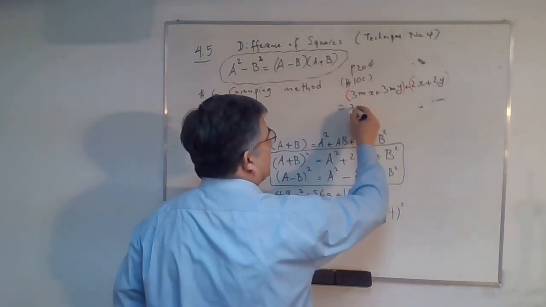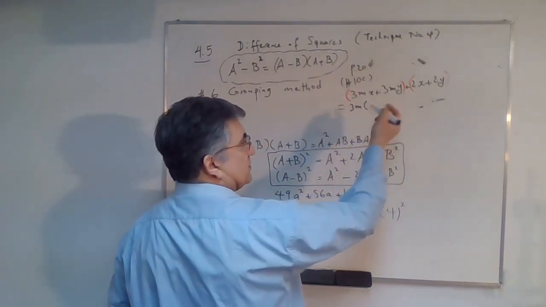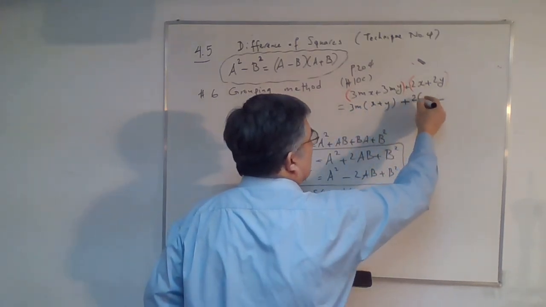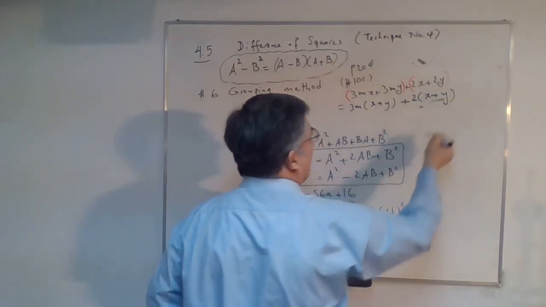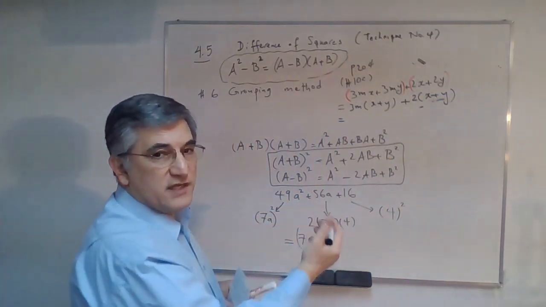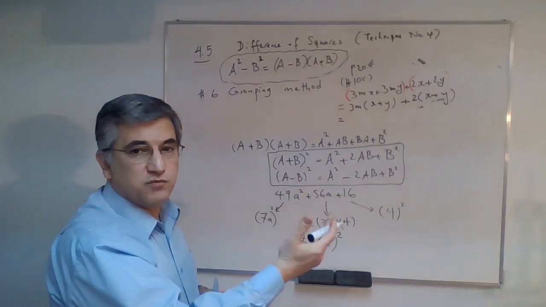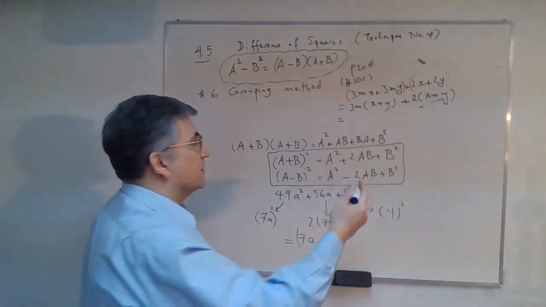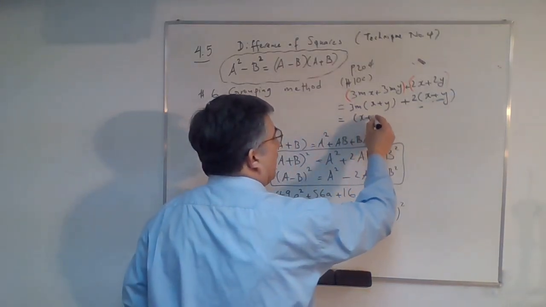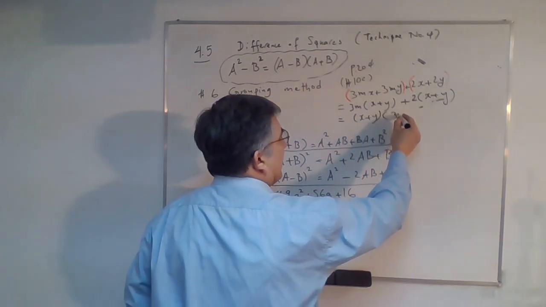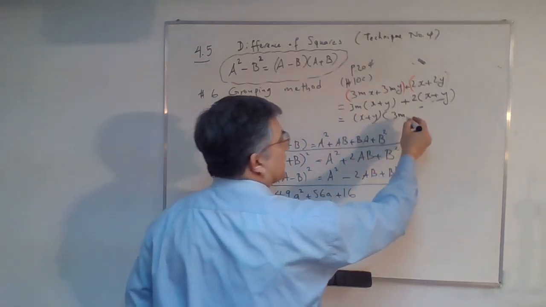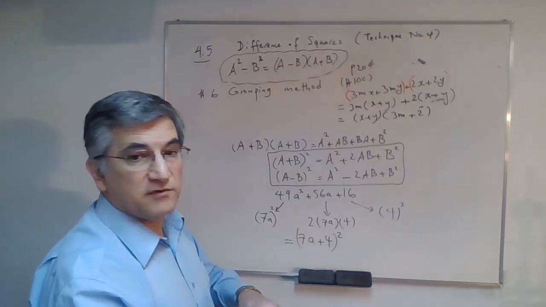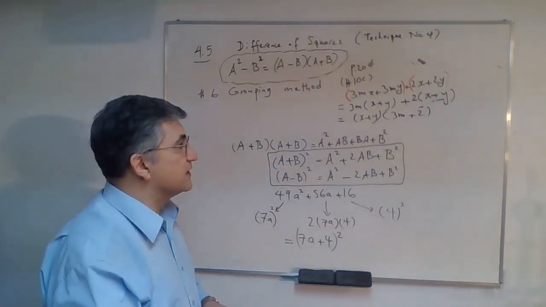So I end up with 3m, I factor it out, that's the GCF, x plus y, and then here 2 is the common factor, that's x plus y, and you see that in the next step, clearly x plus y, that binomial, is the common factor. So I'm going to factor x plus y in the last line, and the answer would be x plus y times 3m plus 2. Okay, using the first technique of common factoring we learned in the very first lecture.